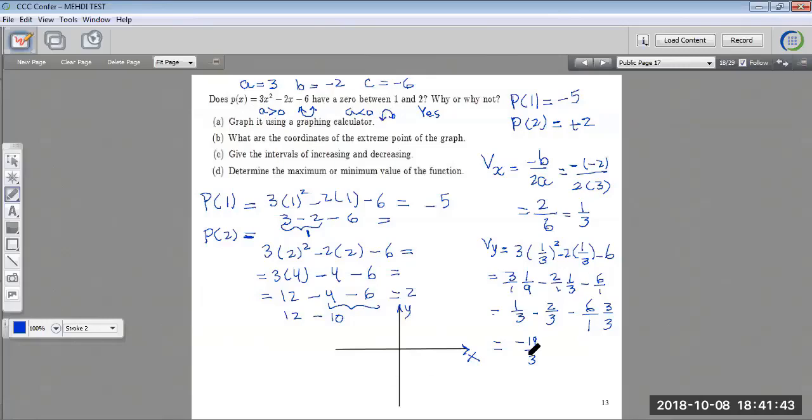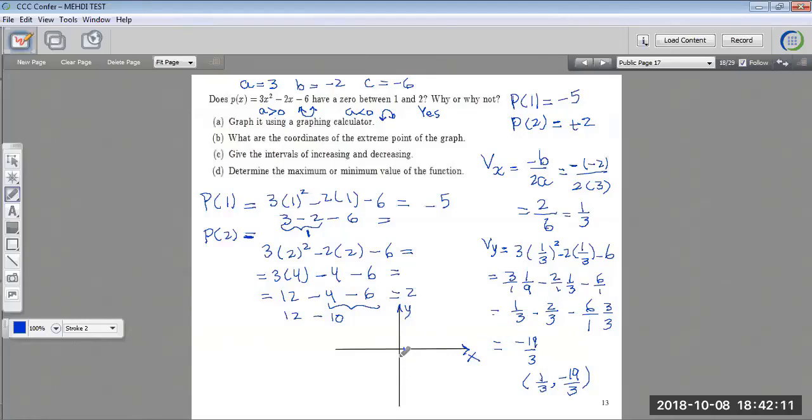And I know the vertex would be at x equal to 1/3, so somewhere around here, and y is equal to minus 19 over 3, which is about minus 6.3.